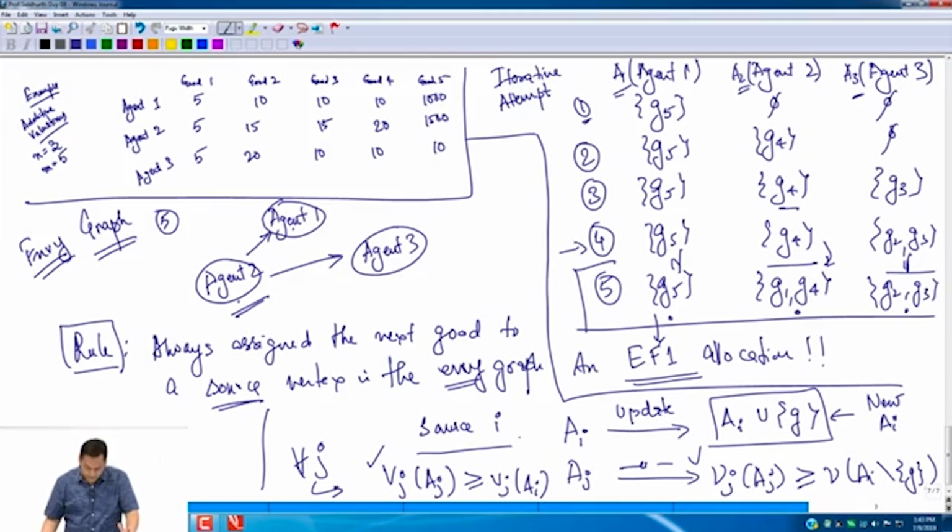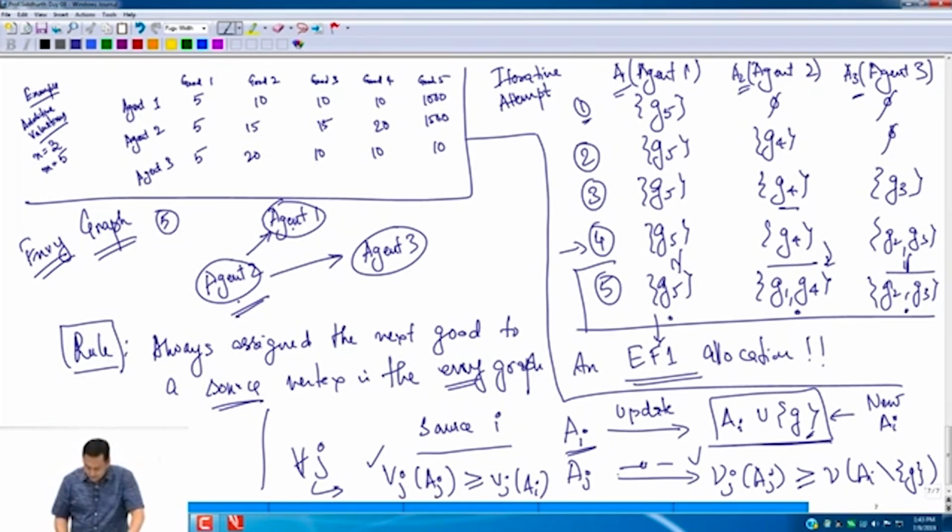What we did in this procedure throughout was we took the next good, let's say G, and assigned it to agent I. That is, we started with AI, whatever the current set of goods given to I, and then included G in it. So essentially we said, okay, here you go, agent I, this next good G is yours. And the point was that this allocation of good G to agent I maintained the EF1 property, and that's what I want to argue here quickly.